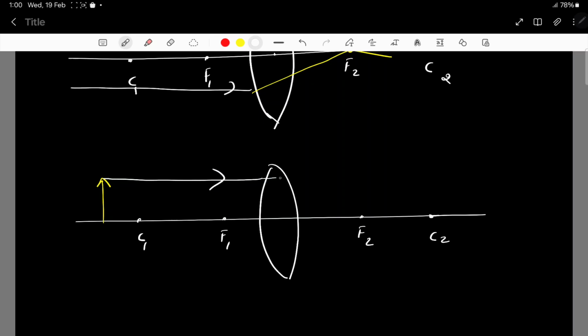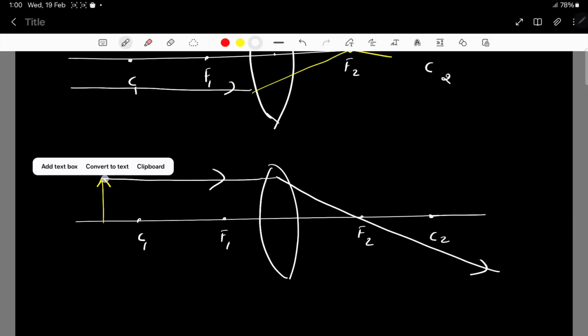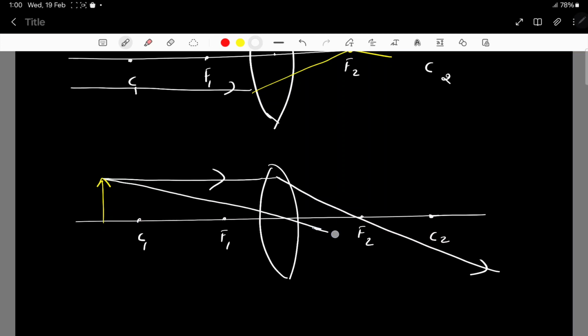After getting refracted, the refracted light ray will pass through the focal point. From the same top tip of the object, you can consider one more light ray, but this time it is directed towards the optical center. After getting refracted, it goes undeviated. Both of these light rays will be meeting here. So that's where the image will be formed. If the object is placed beyond C, the image will be formed between C and F.